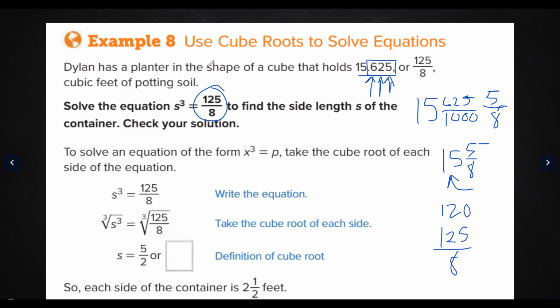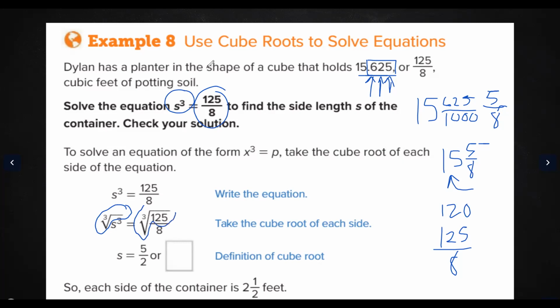Remember, you can do it more easily in your calculator. Good. Now, we have that s cubed is equal to 125 over 8. So what do we need to do? In order to leave s by itself, we need to get the cube root of s cubed.